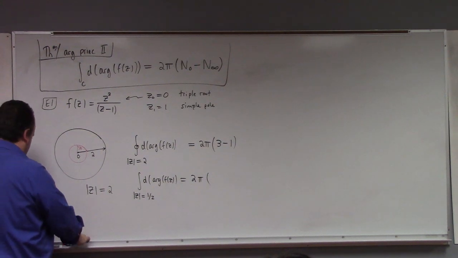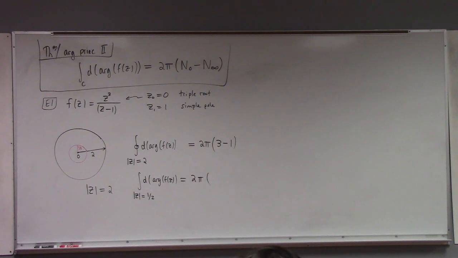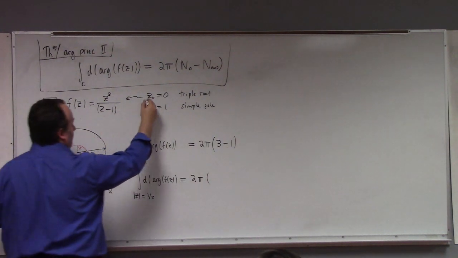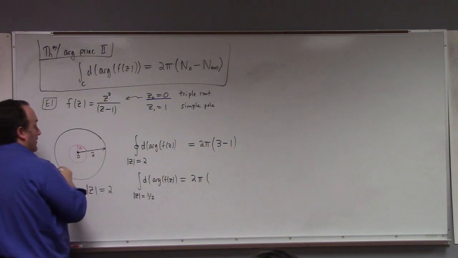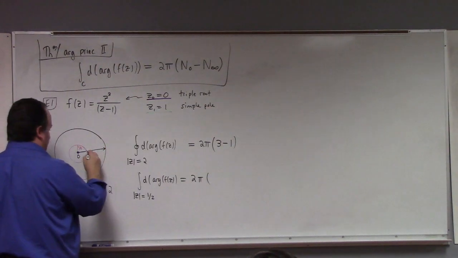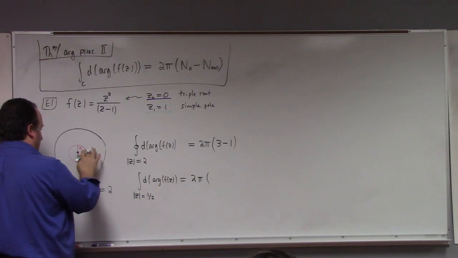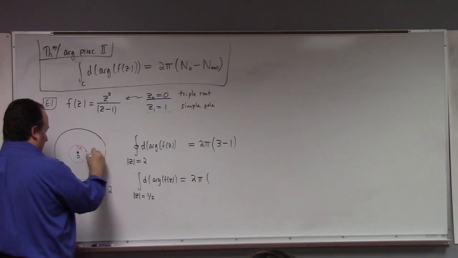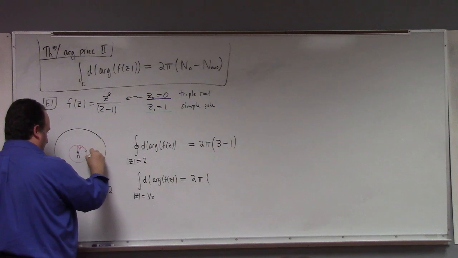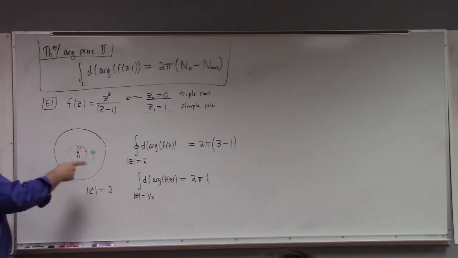Right, so there's a 0 at the origin, right? And there is the singularity at 1. All right, so that's like here. So this would be what?